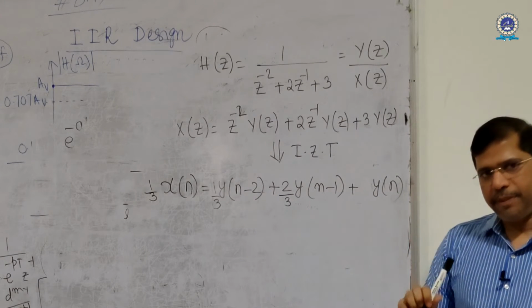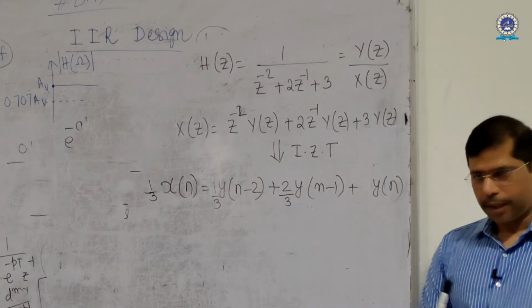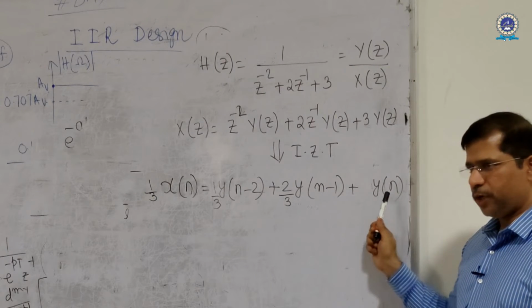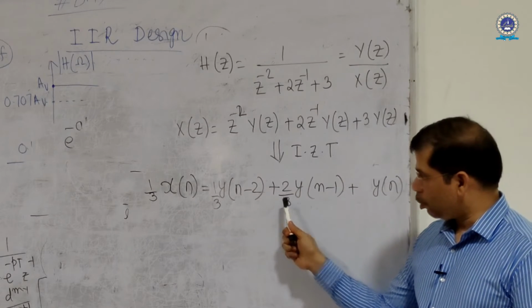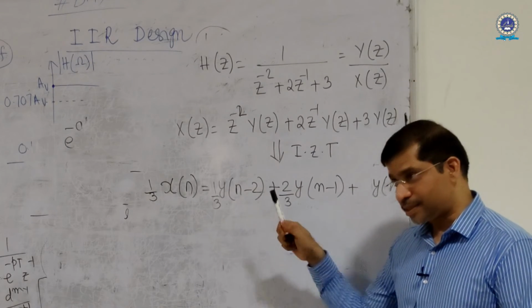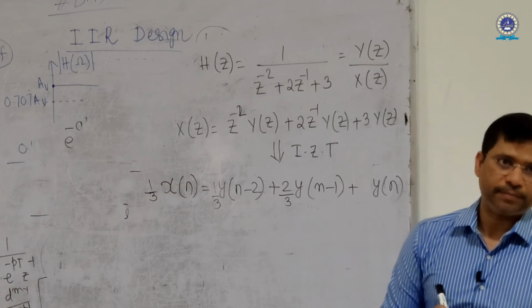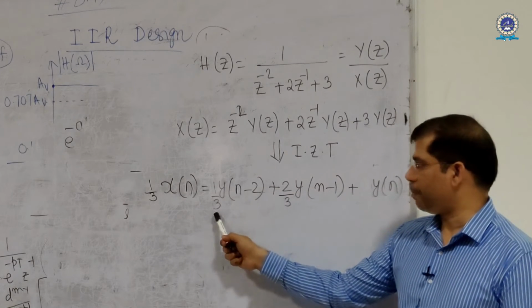After making the y of n coefficient 1, if the remaining coefficients of y are less than 1, then the system is stable. That means this is 1 by 3, this is 2 by 3.